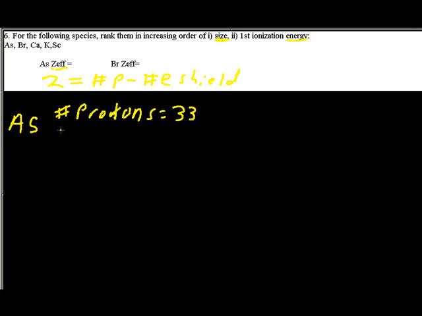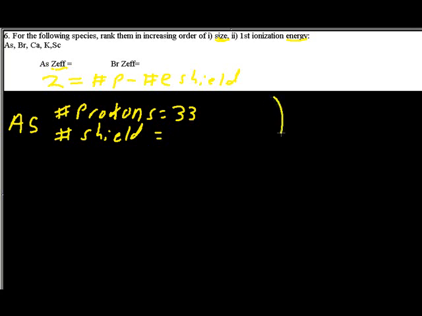Now, if you look closely at the positioning of the arsenic in the periodic table, what you're going to notice is that there are 3 electrons in the p orbital, 2 electrons in the s orbital. Let's take a look at that.